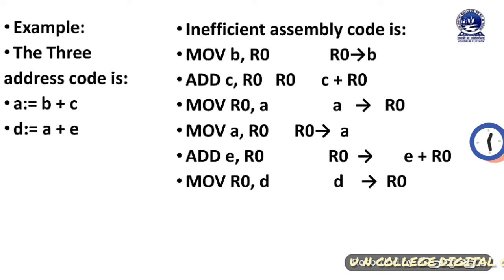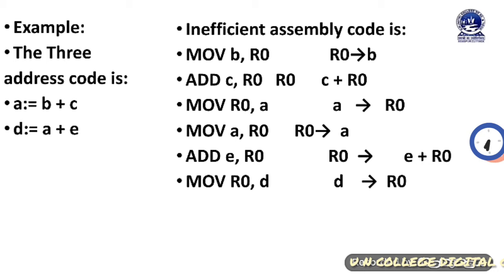Now here I have used an example. The three address code is A equal to B plus C, D equal to A plus C. Suppose this is the problem. Now, inefficient assembly code: suppose the code generator converts the three address code instructions into machine code in this way.